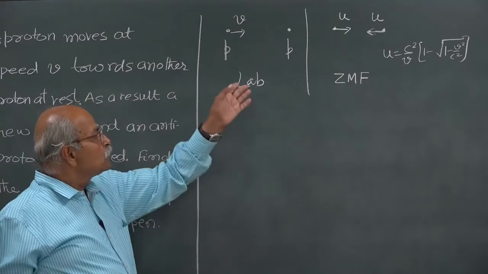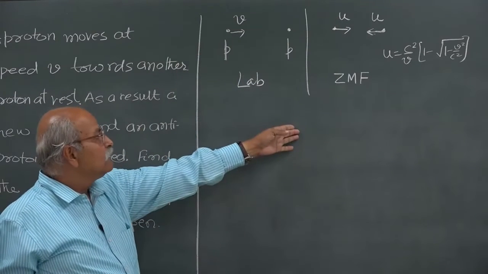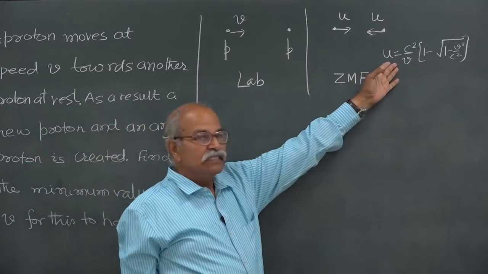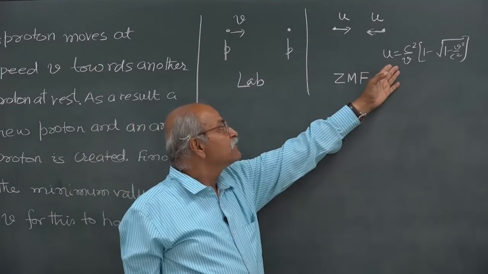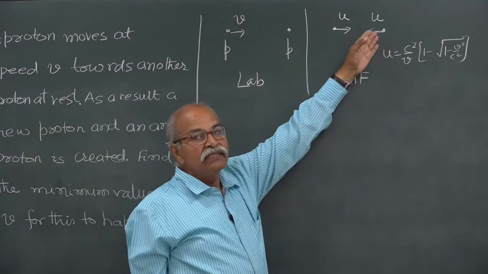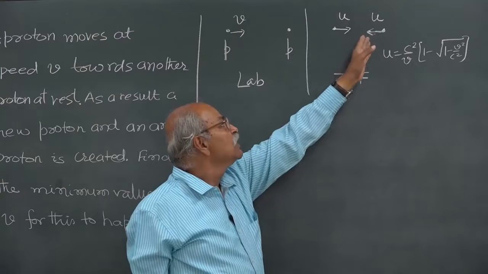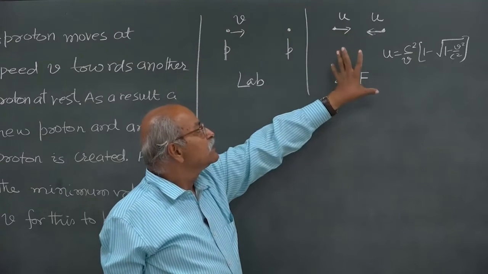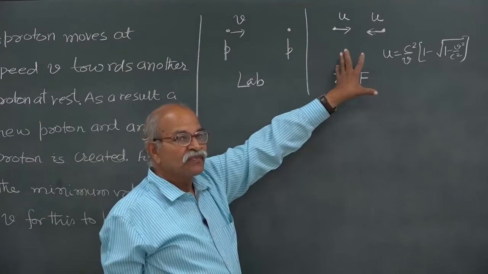So, if you go to this zero momentum frame which moves with respect to the lab at this velocity u, then in this frame the second particle goes in the negative direction with speed u, and the first particle goes with the same speed, so the linear momentum is zero.